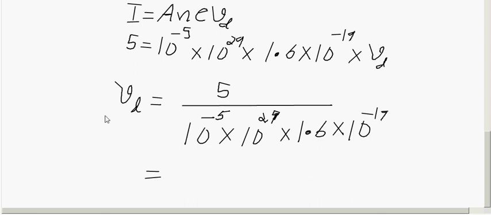That comes to 3.125 multiplied by 10 raised to the power minus 5 meter per second.